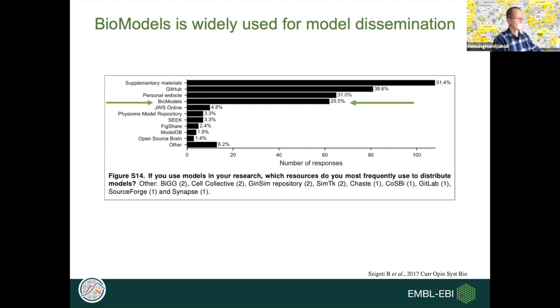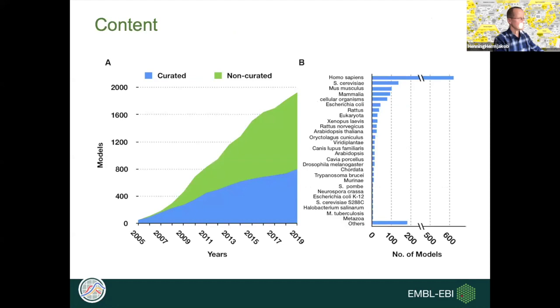So here the question was, which resources do you use to distribute your model? And BioModels was the most used repository, but keep in mind here, supplementary material, GitHub, and personal website are all more used than BioModels. I'll briefly touch on that later on. So there's definitely still room for improvement.